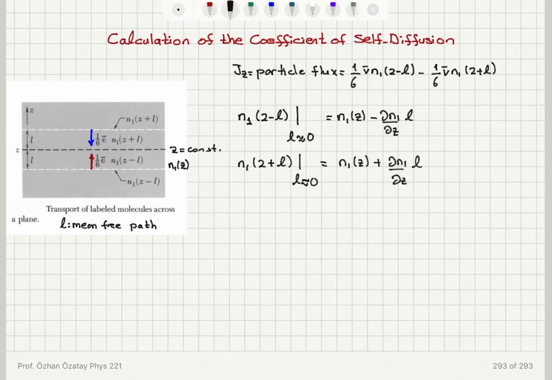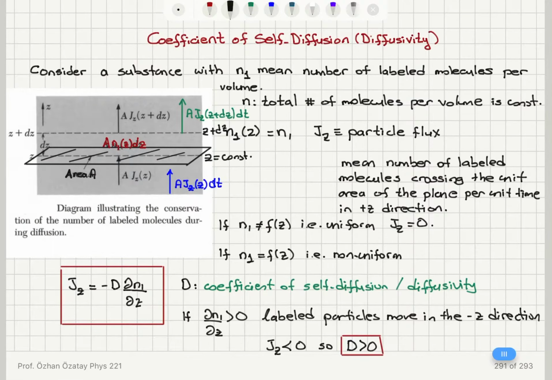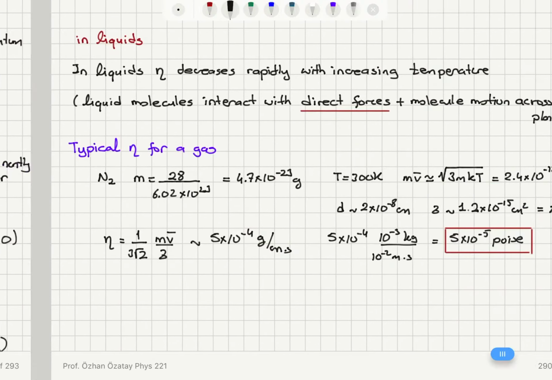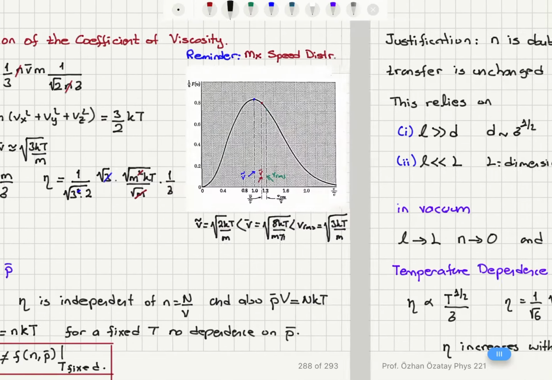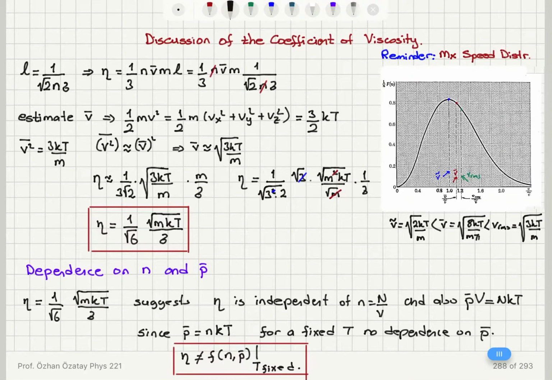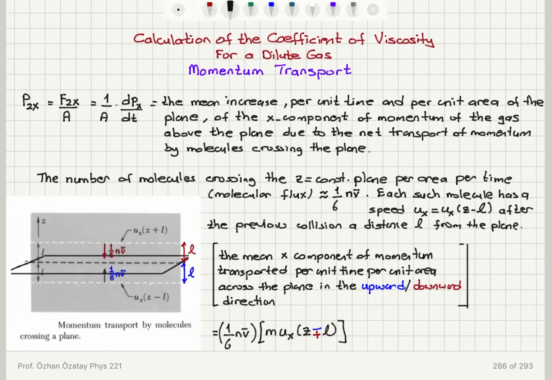So this is very similar to the calculation we did for viscosity, if you remember. In the case of viscosity, we had the number of molecules per area per unit time approaching the plane as 1/6 n V bar as well. So that was the particle flux.